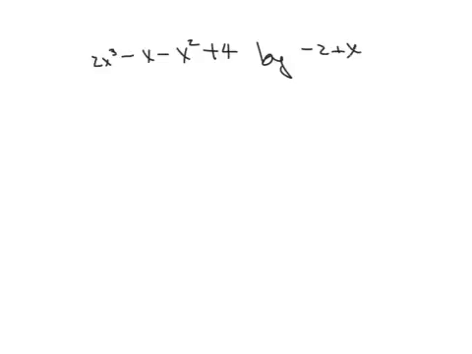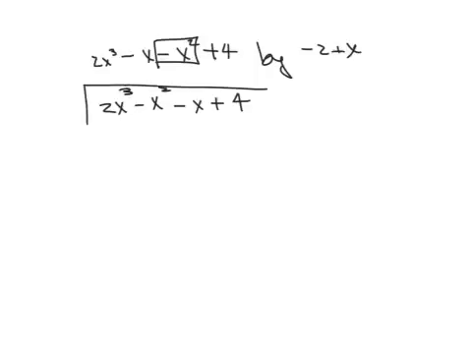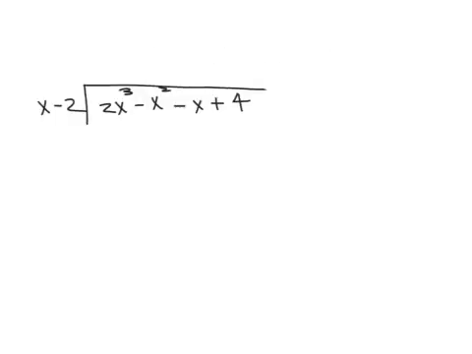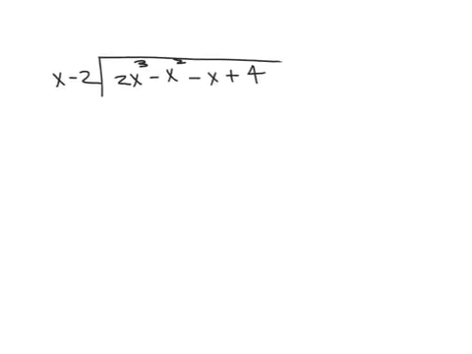So let's go ahead and write that in the correct order. 2x cubed minus x squared, don't forget to take the minus sign with it, minus x plus 4, and we're dividing it by x minus 2. So you're going to switch those around. Alright, so now that we did that, let's go ahead and move this up a little bit and do our division.